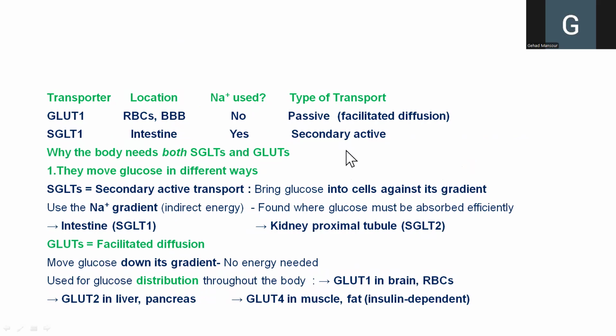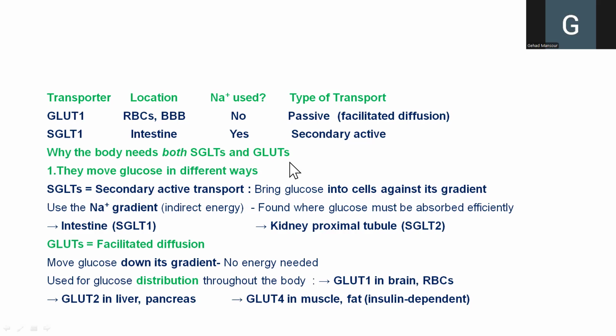We use sodium and it is a secondary type of active transport. And the question now is, why do we use all this? Why have we put GLUT4 apart? Because GLUT4 is a separate entity that requires insulin. But now we are focusing on these two. Why? Because one of them is passive and the other is active.